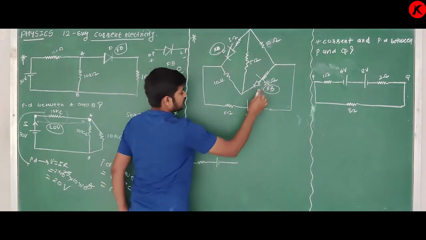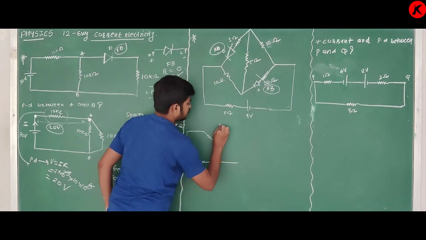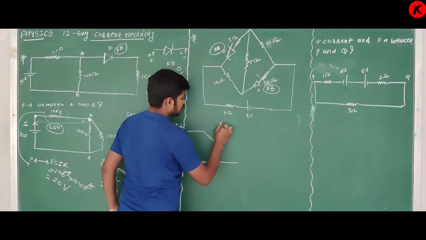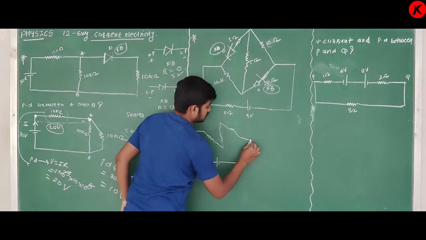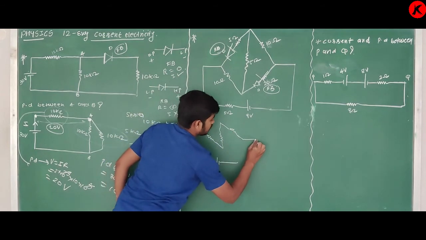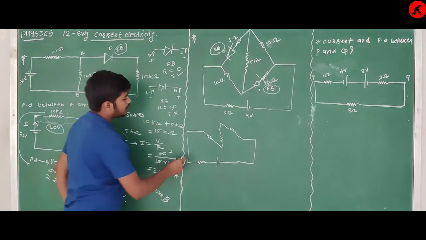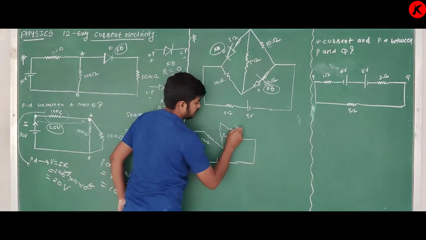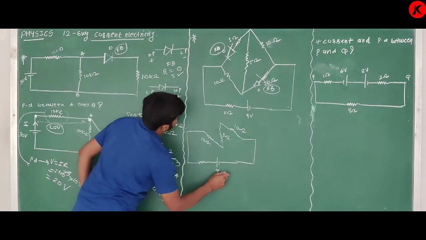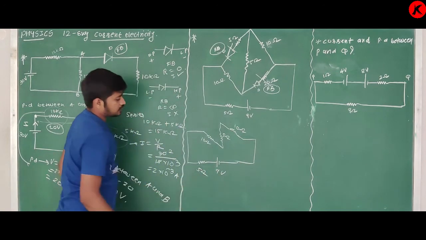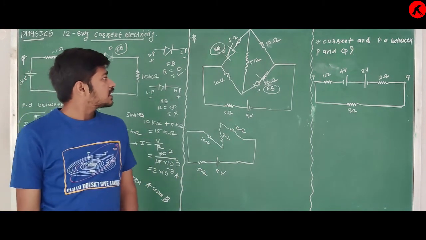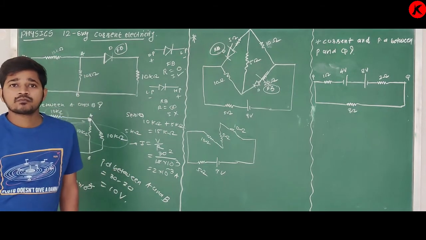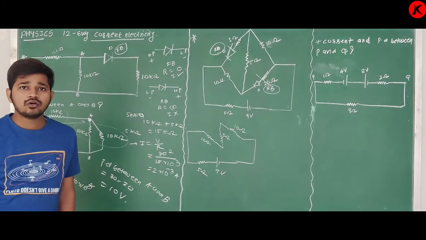Then this point is here and it's like this. It is 10 ohm, it is 5 ohm, it is 10 ohm. Here it is 9 volt and here it is 5 ohm. Simple. Clear?